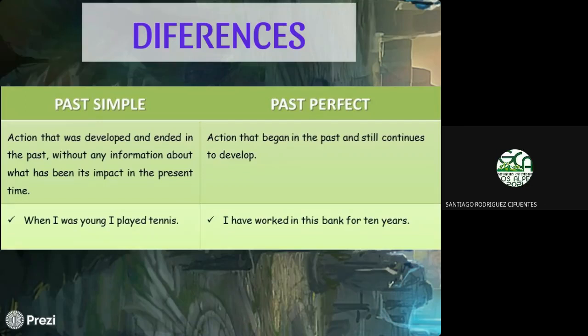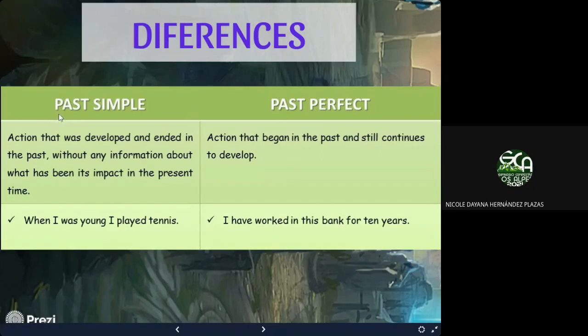An action that was developed and ends in the past without any information about what has been its impact in the present time. Okay, that's past simple. And what about past perfect?